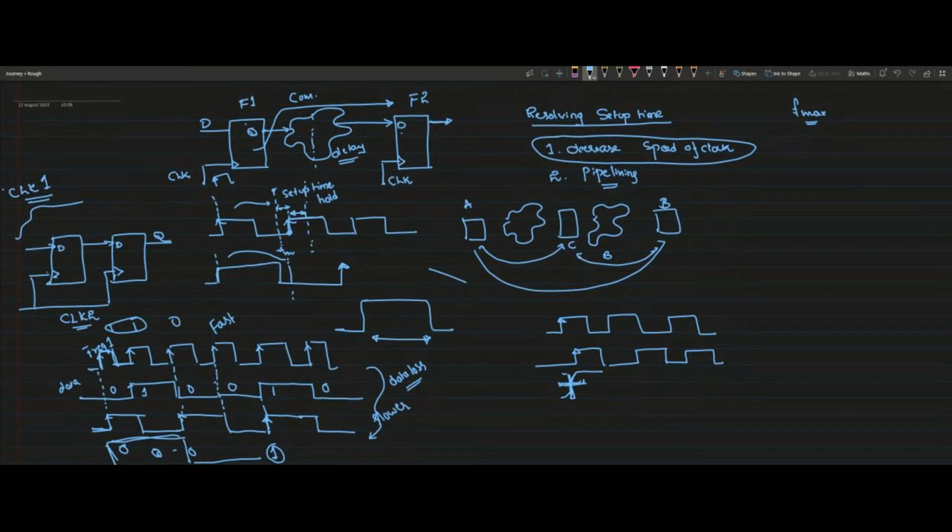In data stretching, at the lower frequency, wherever there are ones, I will stretch that one for multiple clock cycles. This we call data stretching or pulse stretching.